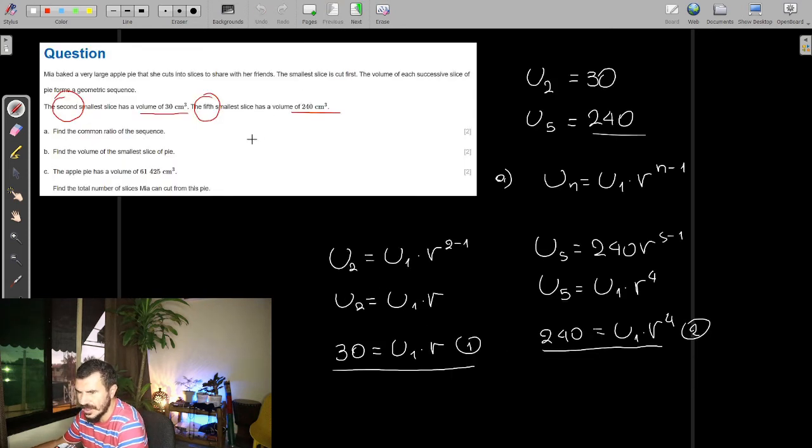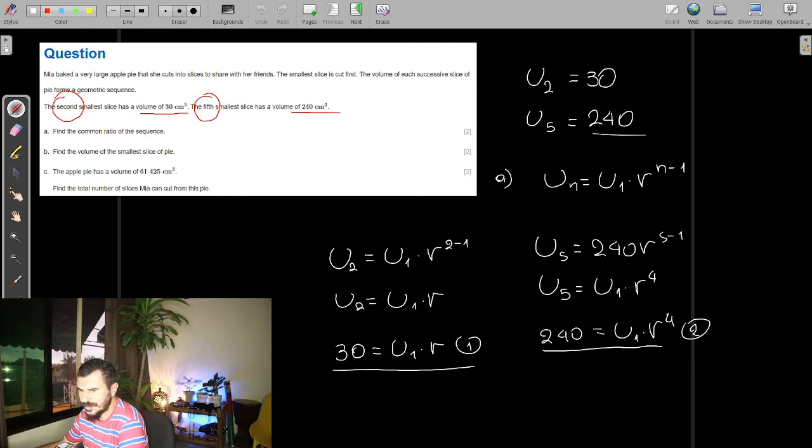Never forget the unit. Now see, the apple pie has volume 61,425 cubic centimeters. Find the total number of slices Mia can cut from this pie.